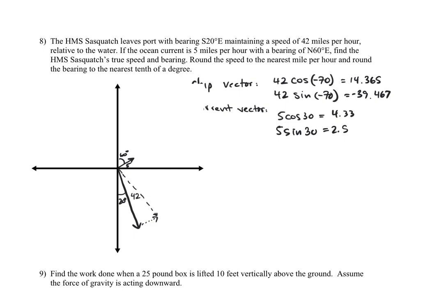So if we add these two together to get the resultant vector, we add the horizontal components. That's going to be 14.365 plus 4.33. And that's 18.695. And if we add the vertical components, we're going to get about negative 36.